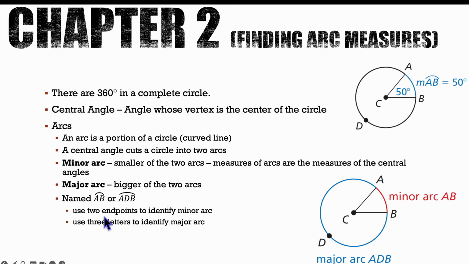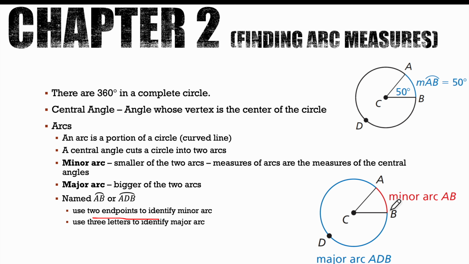To identify a minor arc, you give only two endpoints. So if you say AB, then it is a minor arc. If 3 points are given, it will be a major arc, like ADB. Otherwise, you will confuse it with minor arc AB. That's why 3 letters are given to identify a major arc.